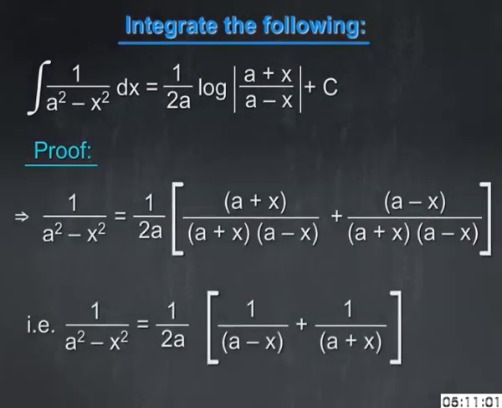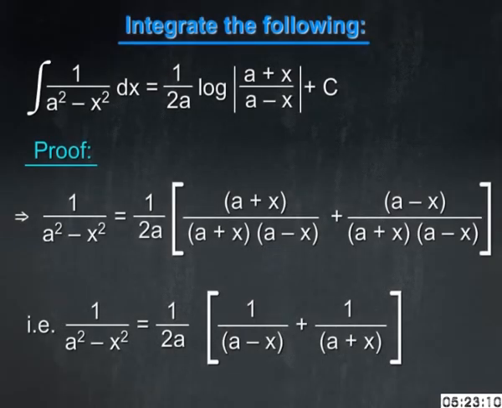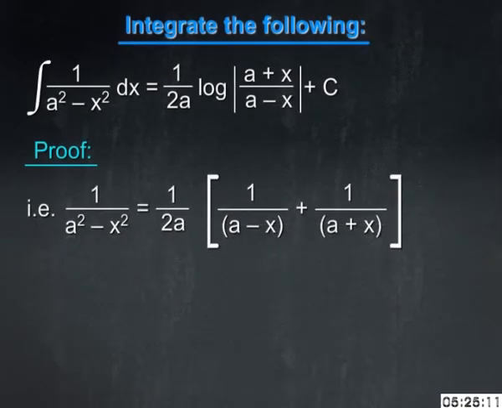That is 1 upon a square minus x square is equal to 1 upon 2a whole multiplied by 1 upon a minus x plus 1 upon a plus x.